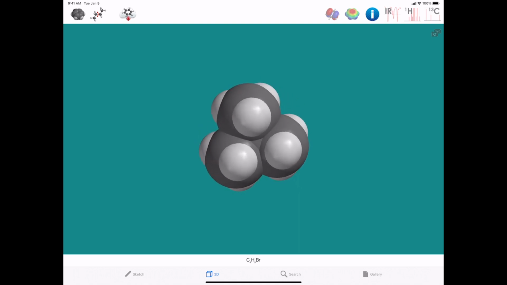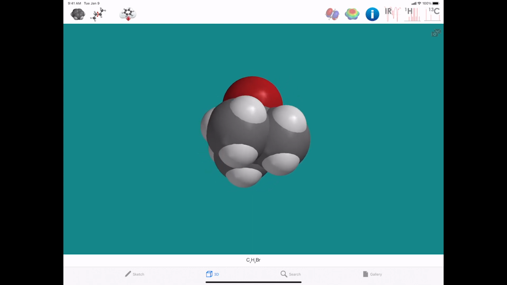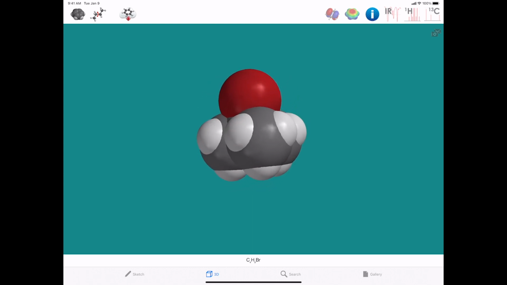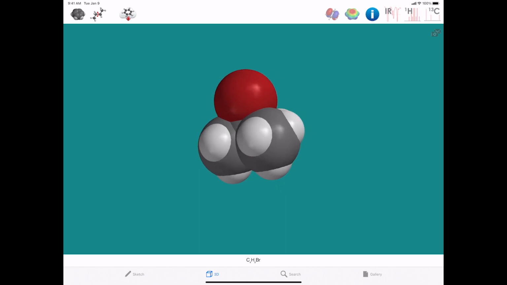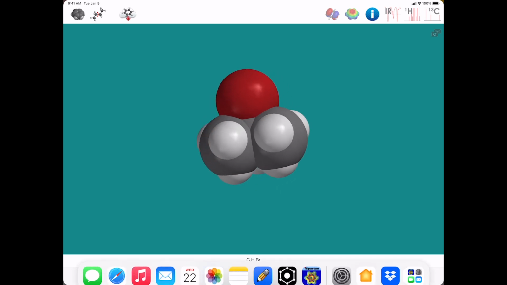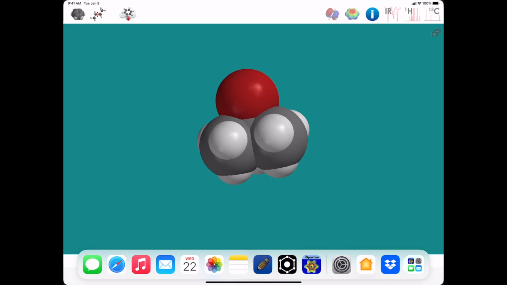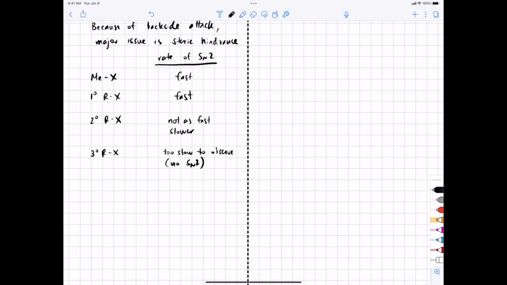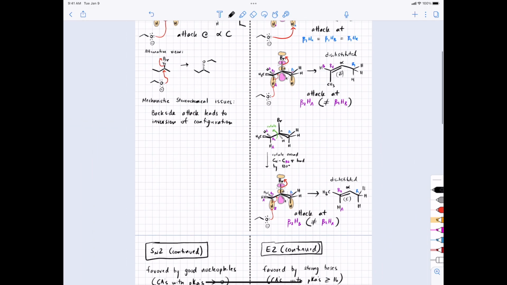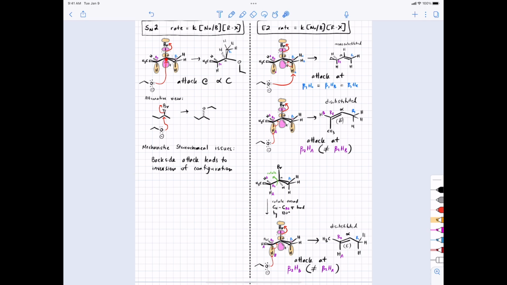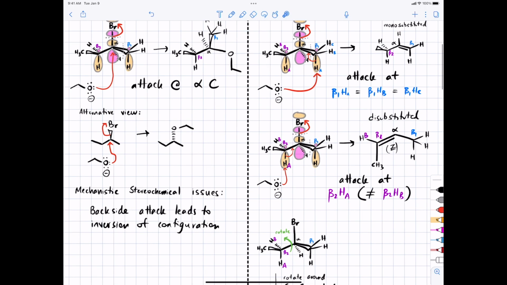And you can see it's not very much at all. And so the rate of SN2 is imperceptibly slow for tertiary alkyl halides. And again, the major issue is just sterics. The more non-hydrogen things we have attached to the alpha carbon, the harder it's going to be for the nucleophile to sneak past those non-hydrogen things to get to the alpha carbon.